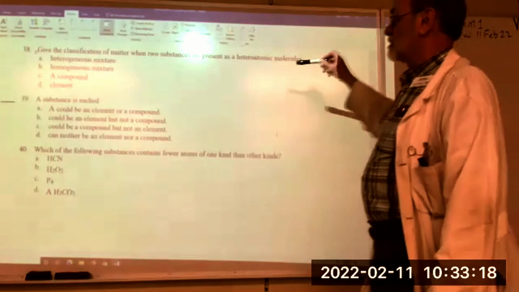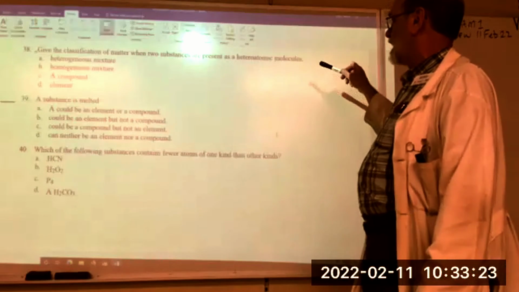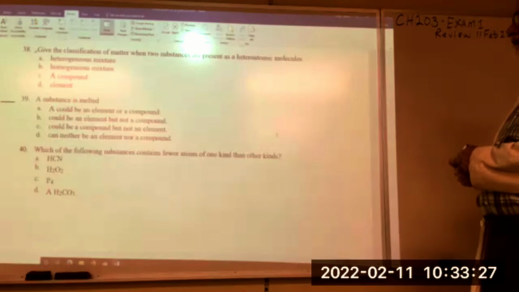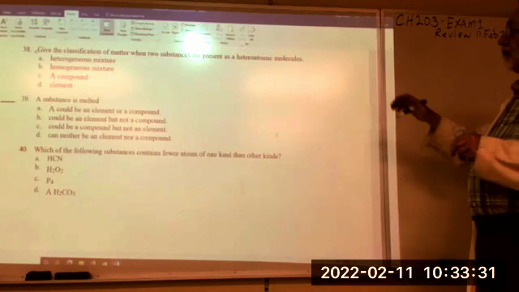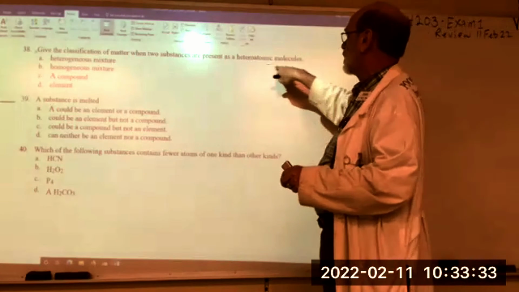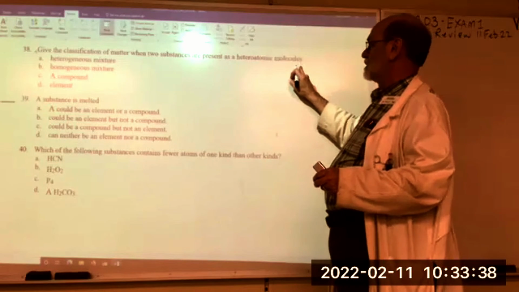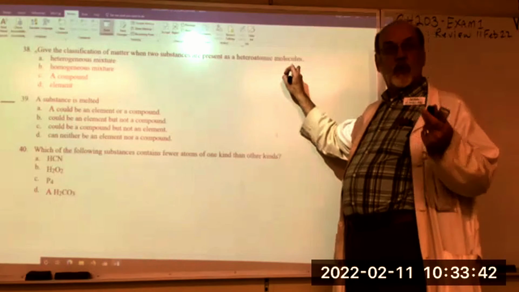What's the classification of matter when 2 substances are present as heteroatomic molecules? Well, you have to be a compound. Right? If you have 2, a heteroatomic, this would work backwards. Is it molecule? Well, if it's a molecule, it's got to have 2 atoms or more.